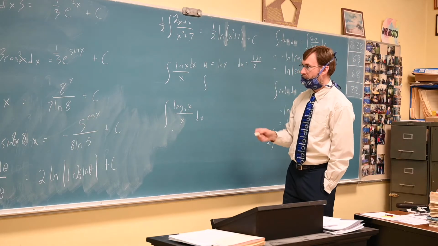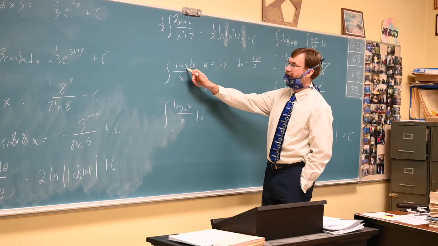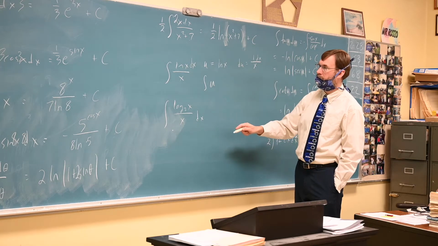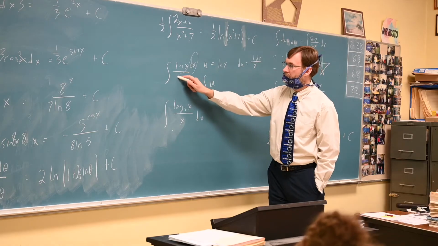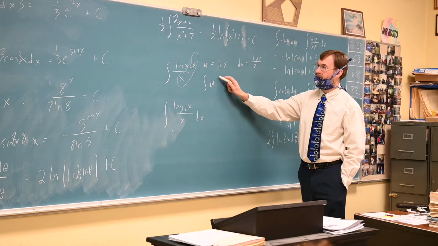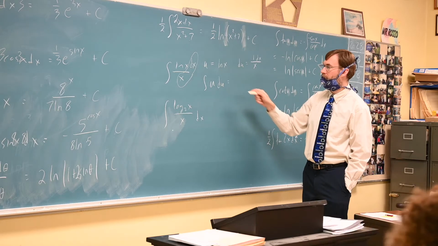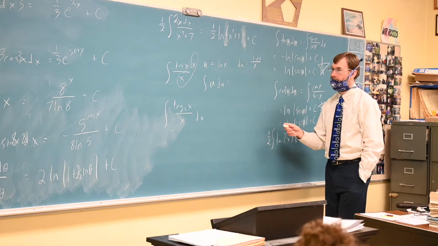Then this problem takes on a new name. ln x is now being called u. That thing right there is now being called du. And then we'll just do the antiderivative.